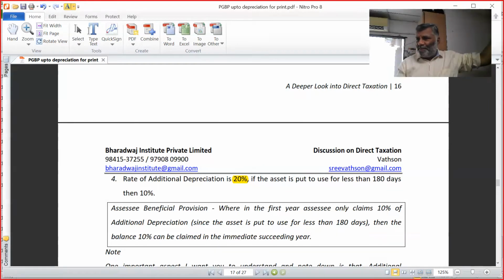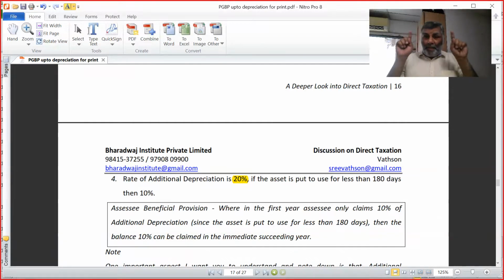The law promises me 20%, but the interpretation reduces it to 10% for an asset purchased after October 3rd or so. With harmonious construction, both have to be given effect to, along with the intention of the finance ministry.